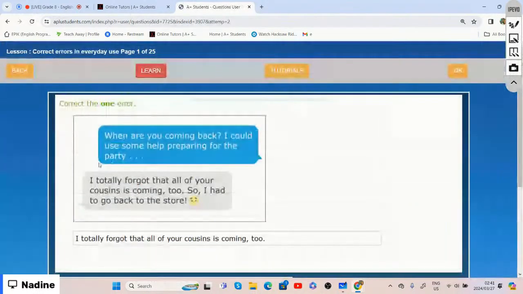Here's a conversation. We need to choose the one error. It says, when are you coming back? I could use some help preparing for the party. I totally forgot that all your cousins are coming too, so I had to go back to the store.